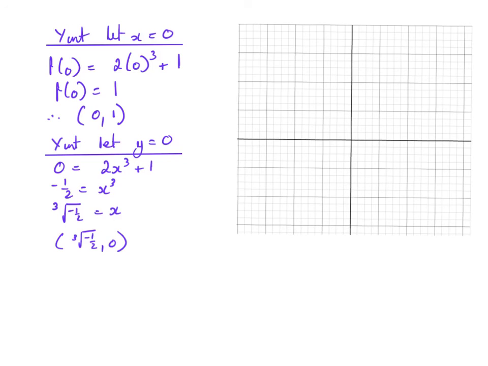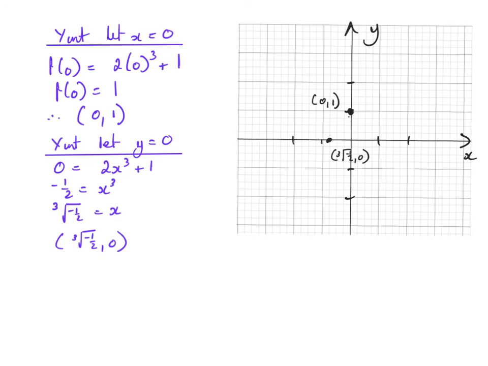Thankfully this time there wasn't as much work to find your y-intercepts and your x-intercepts. As per usual, y-intercept let x equal 0 and x-intercept let y equal to 0. Now let's set about plotting these on our graph. So we're really only dealing with 2 points here because our point of inflection and our y-intercept are one and the same thing.